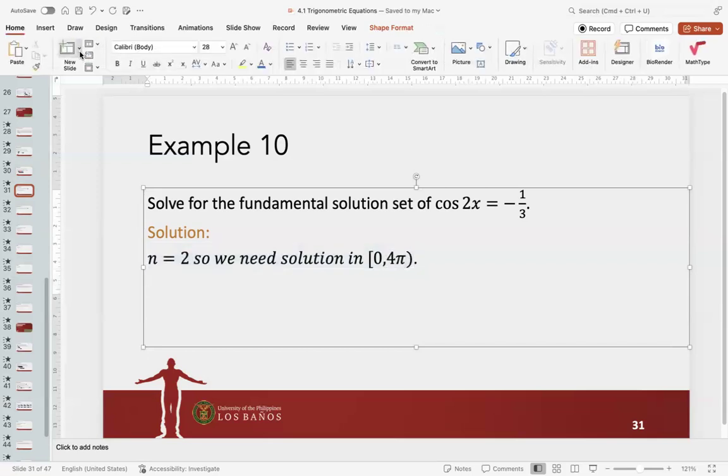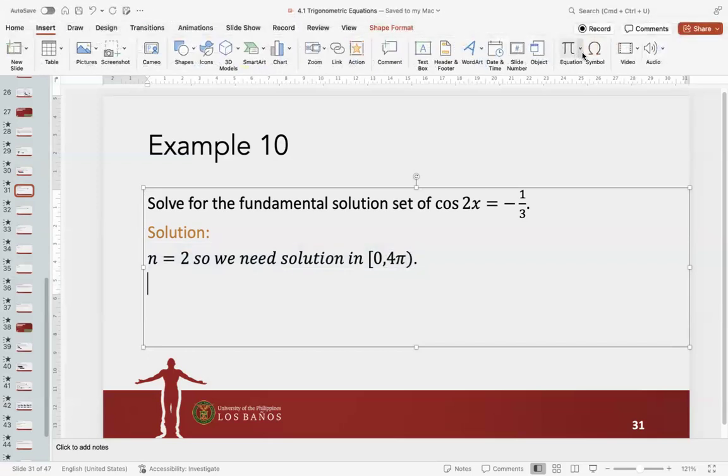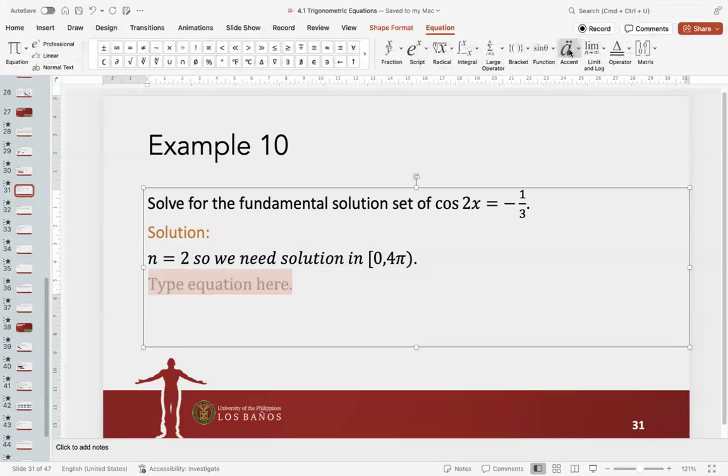Okay, so now with this one, we have 2x is equal to, so again, we don't have a special angle that will give us a value of 1/3. So using our inverse circular function or inverse trig function, this would be our arc cos of negative 1/3.